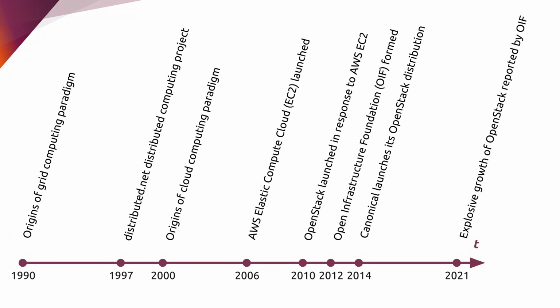So it still owns the biggest portion of the cloud revenue and is the most popular public cloud platform. But then 4 years later, the OpenStack project was first launched in response to AWS EC2. Initially, OpenStack was mostly launched as a kind of open source implementation of the AWS EC2 service.